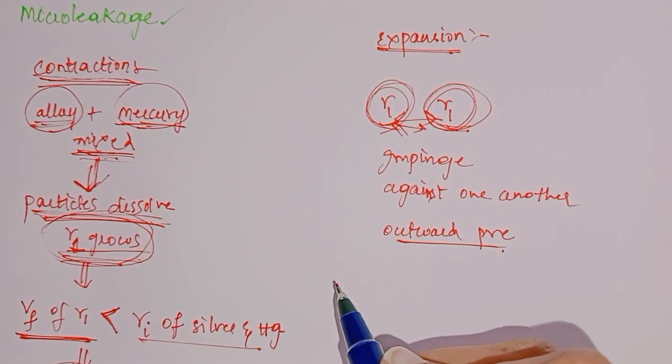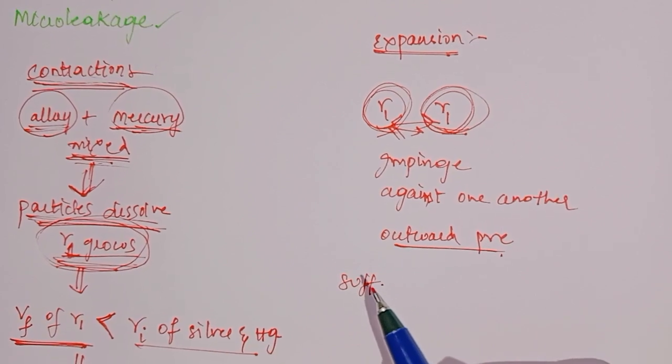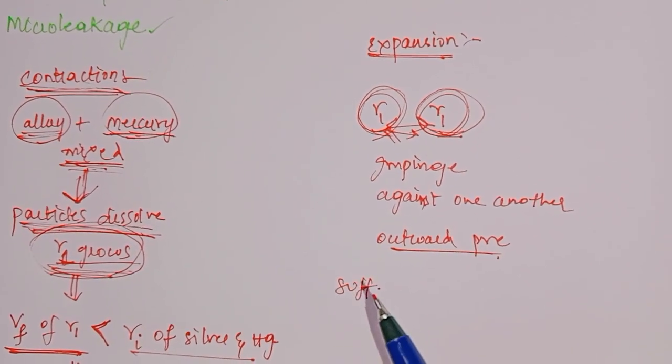If sufficient mercury is present, an expansion will occur when the crystals impinge on each other.